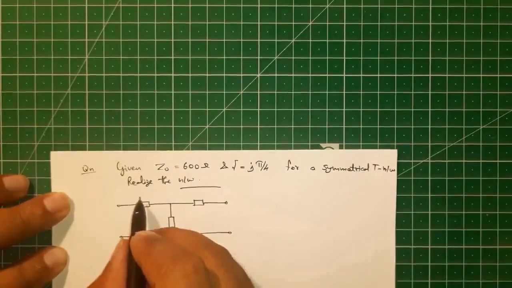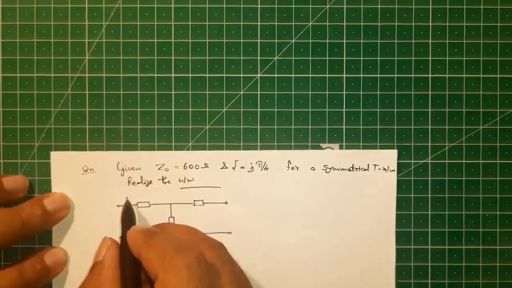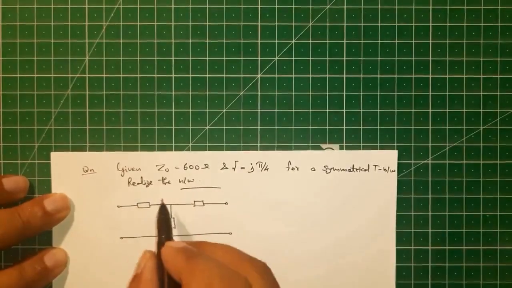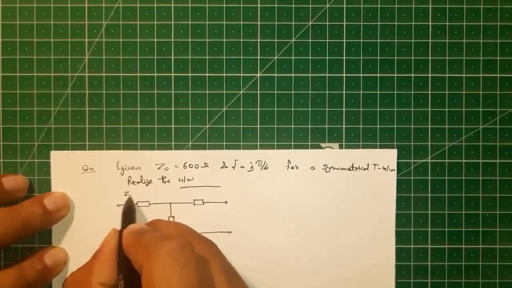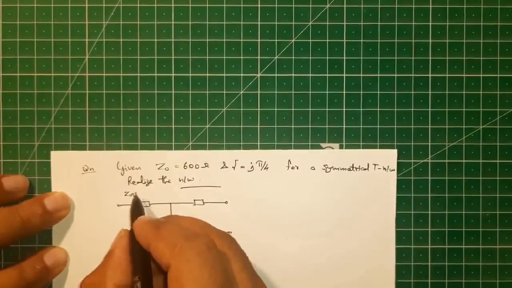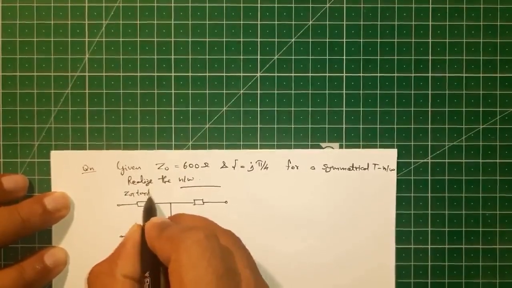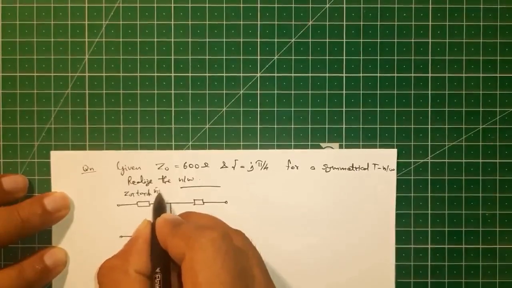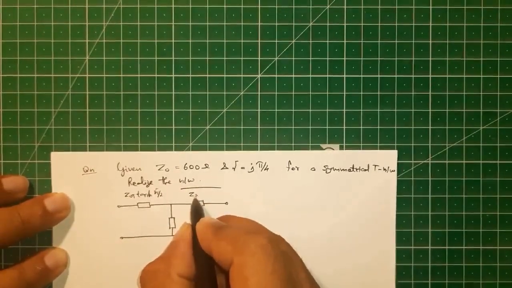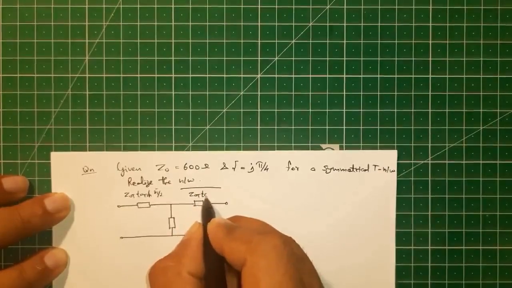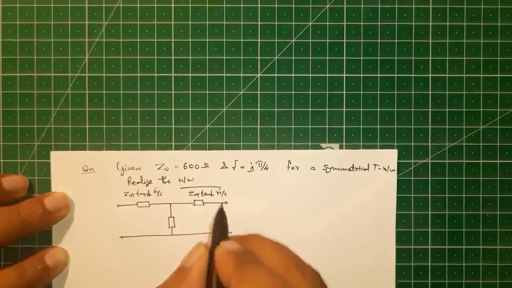And we have derived the branch element impedances in terms of the characteristic impedance and propagation constant. So this is Z1 by 2, which is equal to Z0 T tanh gamma T by 2. This is also Z0 T tanh gamma T by 2.